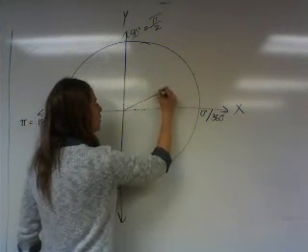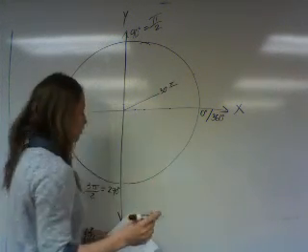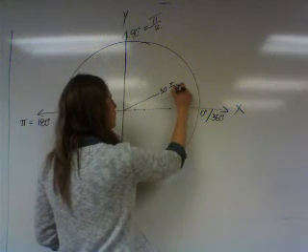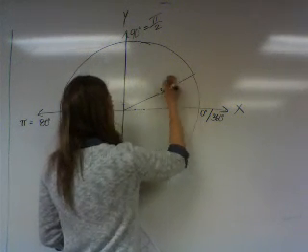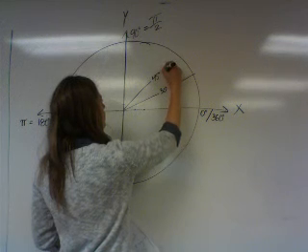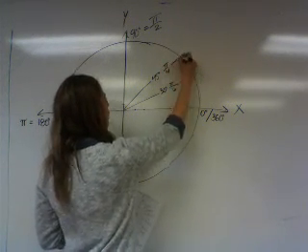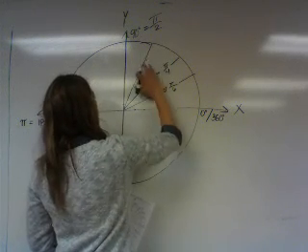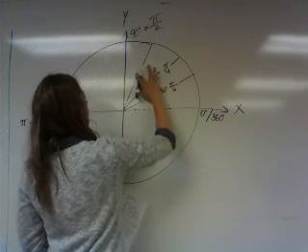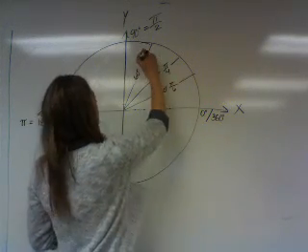But this is going to be 30 degrees, which is pi over 6. This is 45 degrees, which is pi over 4. And then this is 60 degrees, which is pi over 3.